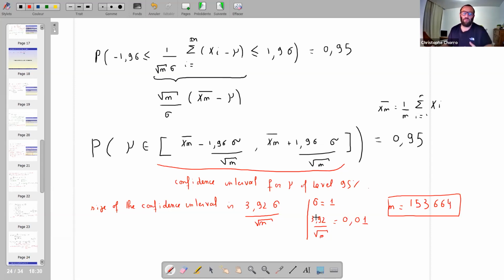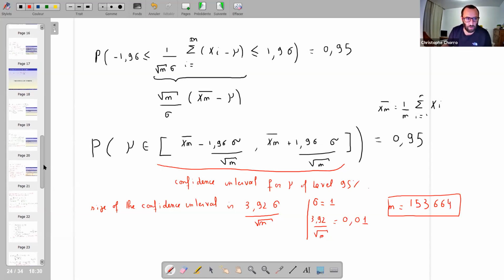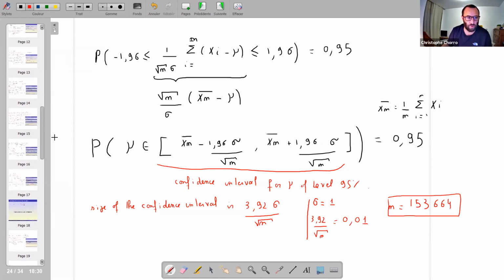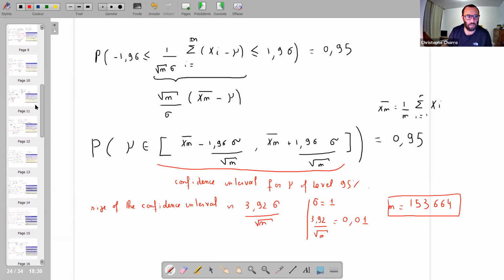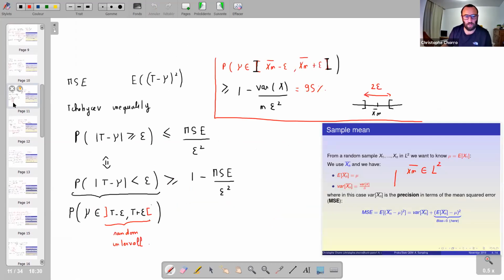And we have seen together that from the Chebyshev inequality, it is possible to build a confidence interval. I have to recover what we have done previously. So maybe it was here. It was the idea to compute the confidence interval using typically the Chebyshev inequality.